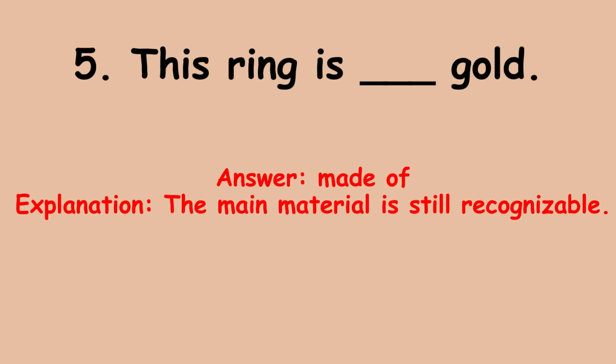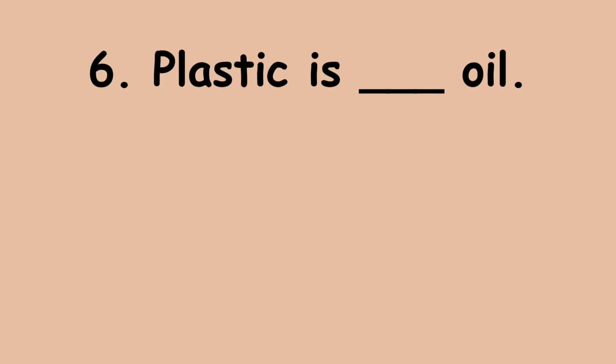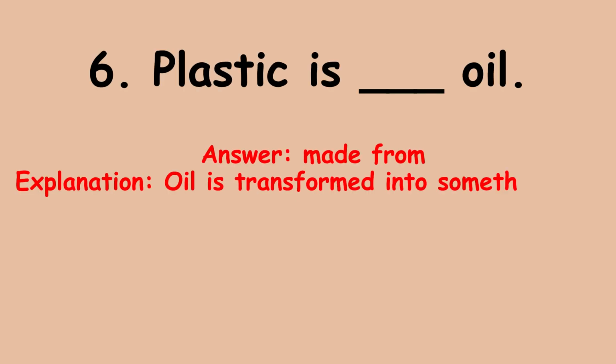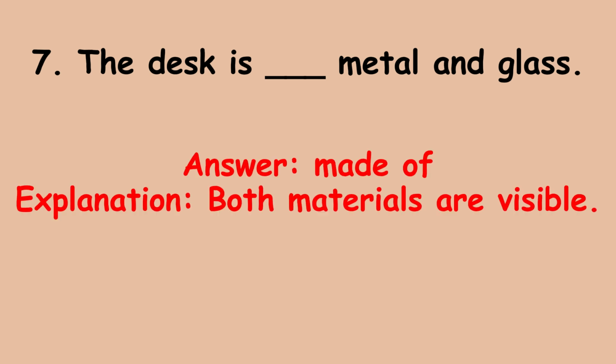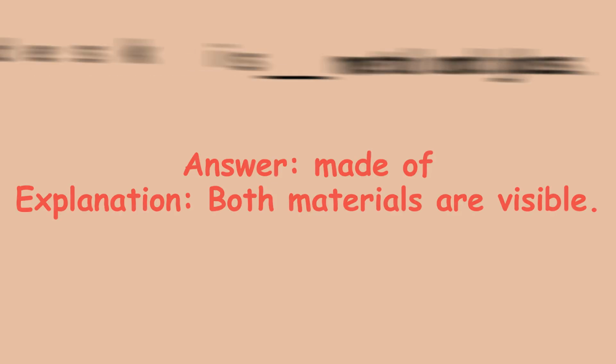The answer is made of because the main material is still recognizable. The answer is made from because oil is transformed into something new. The answer is made of because both materials are visible.